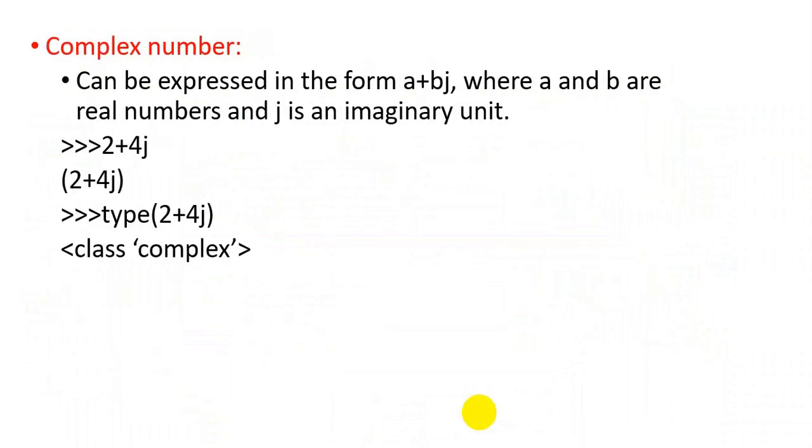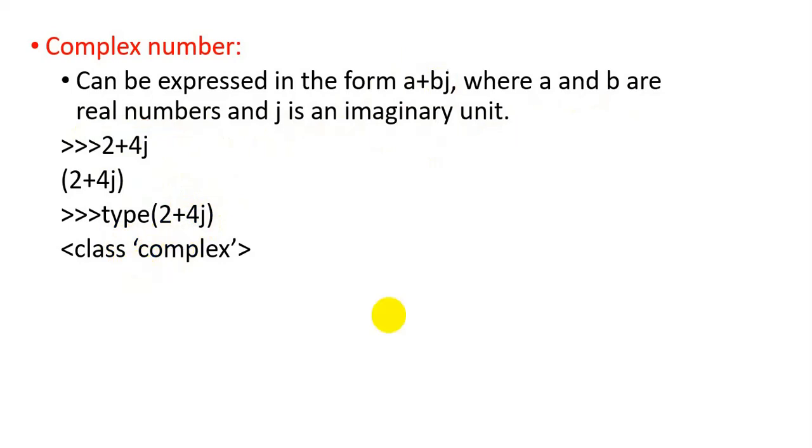Next, we are going to discuss the complex number. Complex numbers are expressed in the form of a plus bj, where a and b are real numbers. The part j is an imaginary unit. For example, 2 plus 4j is a complex number. 2 is a, 4 is b, j is the imaginary part. When you pass 2 plus 4j inside the type function, it will give you the result of complex number.